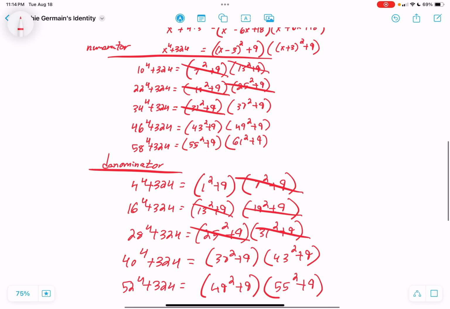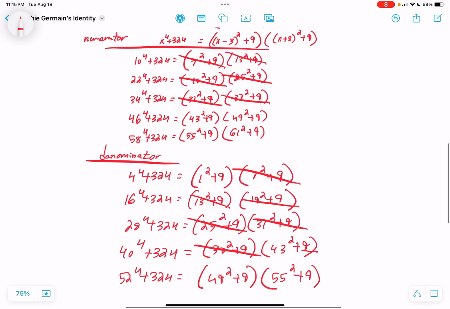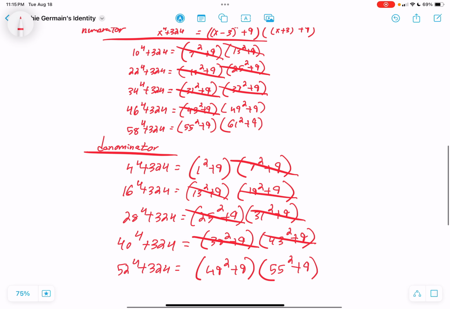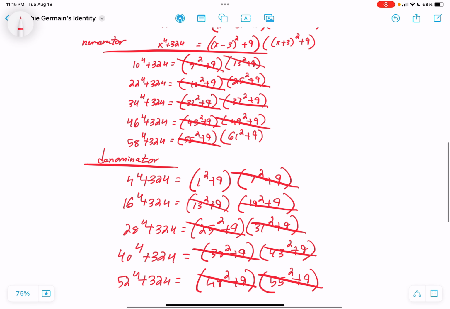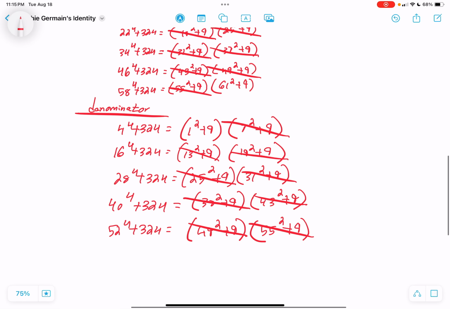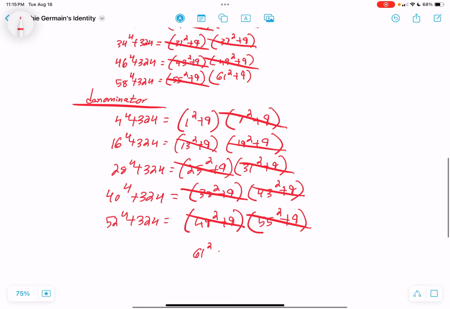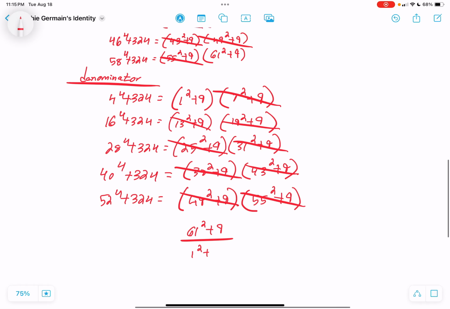And what this problem did is the people who invented it, they specifically chose these factors and numbers so the problem would be neat like this. And now you can notice that all of these factors cancel out. But not all of them. Notice what I'm left with. In the numerator, I'm left with 61 squared plus 9. And then my denominator is 1 squared plus 9.